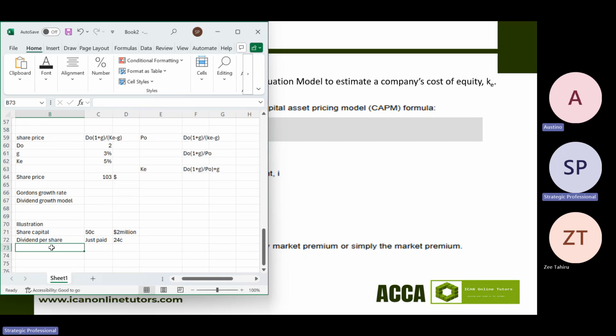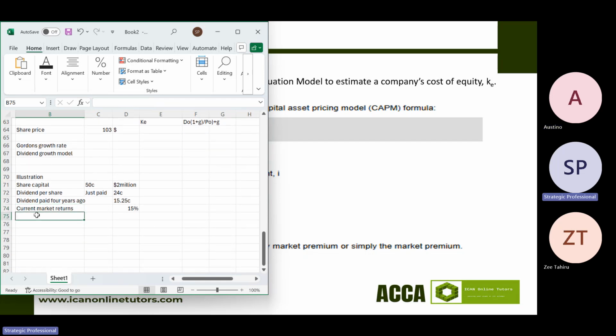We have dividend paid 4 years ago, $15.25. We have current market returns, 15%, right?